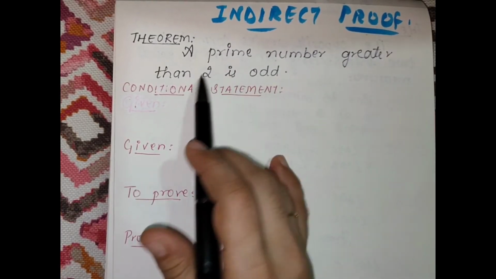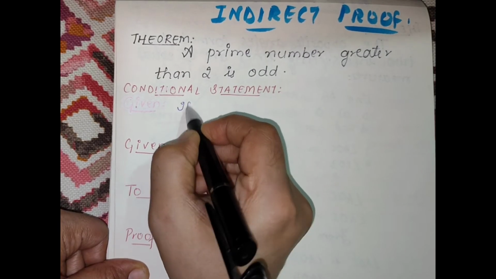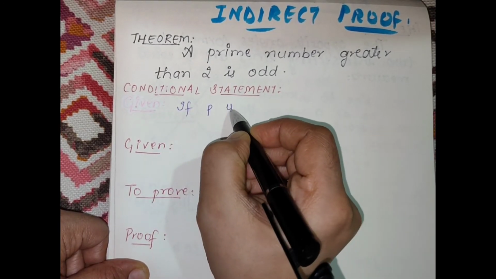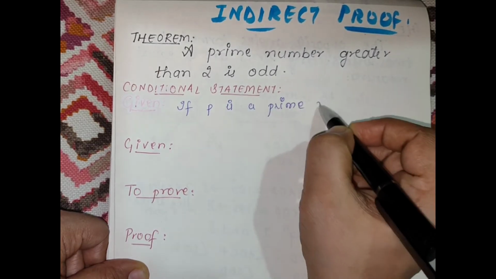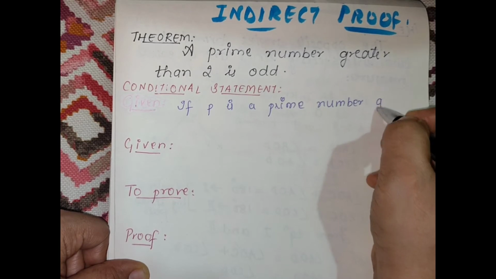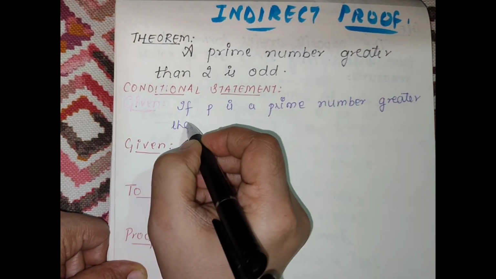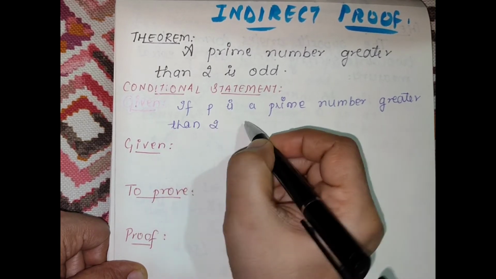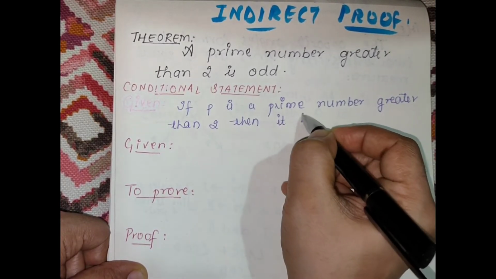So let that prime number be P. So if P is a prime number greater than 2, then it is odd.